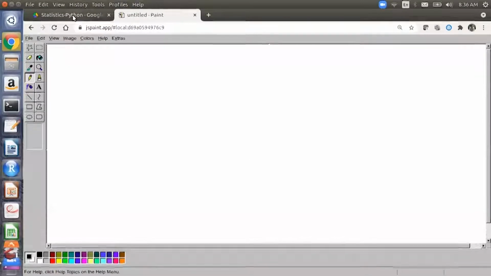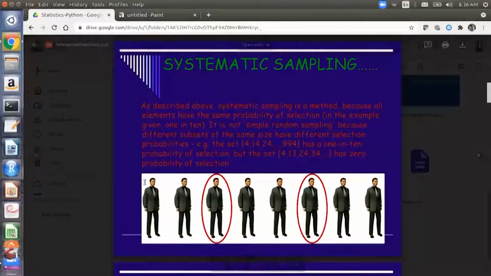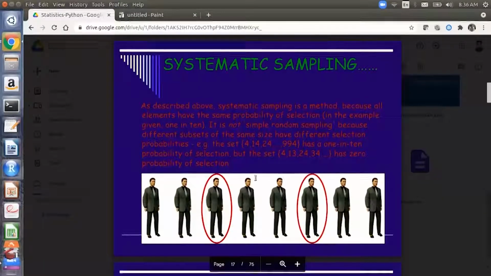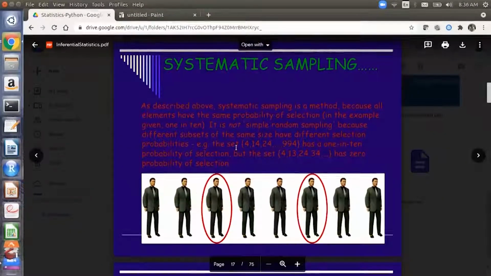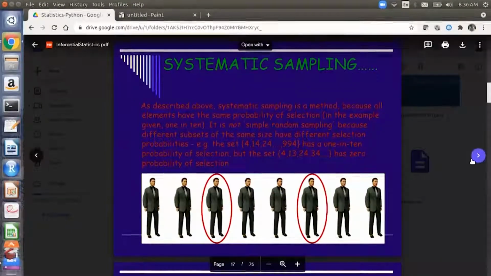Because you are choosing every third person. In random sampling, there is a possibility that all the 5 people you have chosen are these people, or probably these people. Possible or not possible? Randomly you are picking, anything can be possible, or all these people come into your sample, or your random sample takes this person, or every third person.